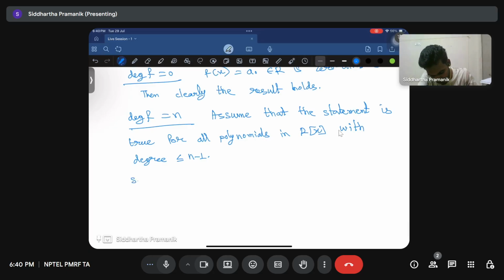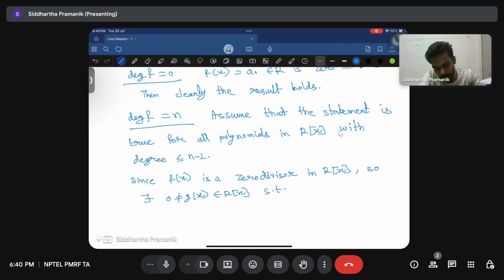So since f(x) is a zero divisor in R[x], there exists a non-zero polynomial in R[x] which kills f(x), right? So there exists a non-zero polynomial g(x) in R[x] such that f(x) times g(x) is 0.